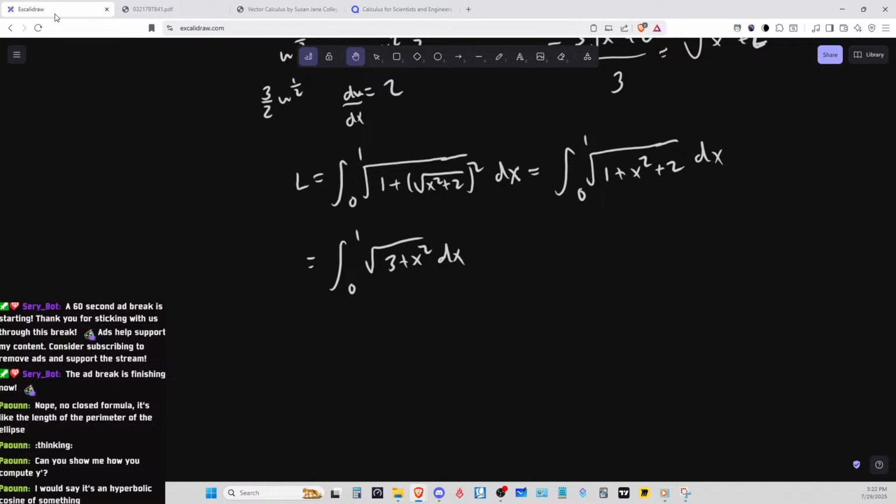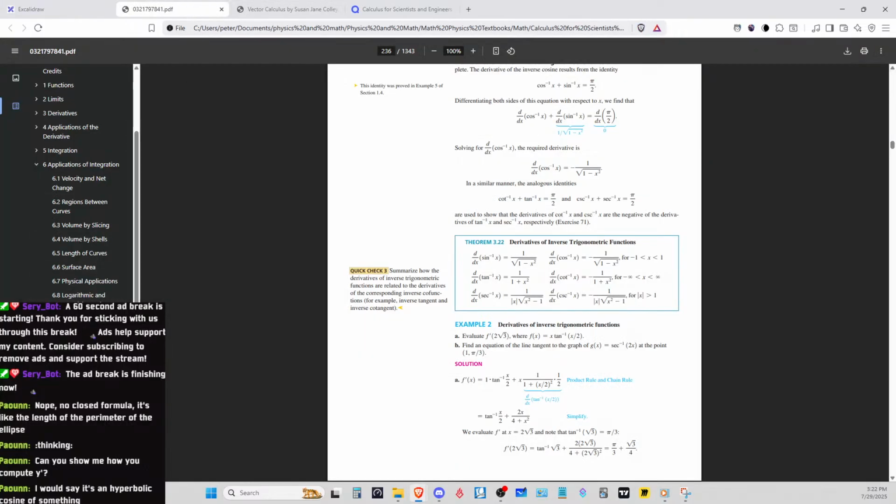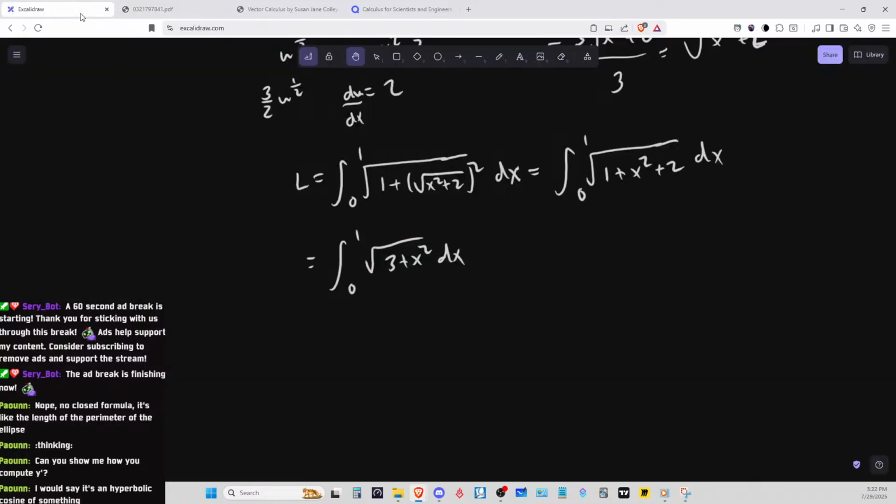But unfortunately, it's not going to be that easy. And we haven't done trig substitution either, or at least trig substitution is not covered until the next couple chapters later. So I'm probably missing something. What am I missing?